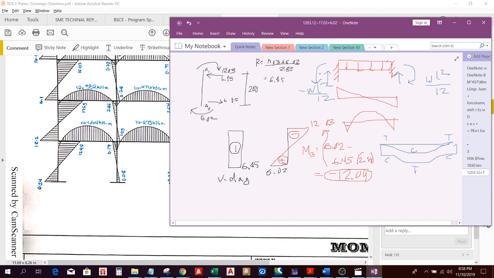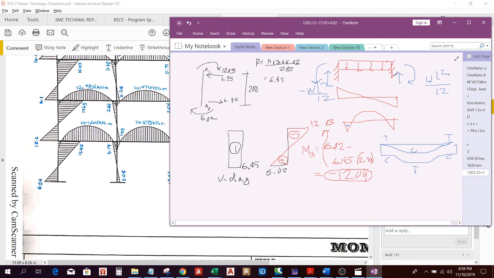And this negative moment will cause compression on the bottom fiber. This is the bottom fiber of your section.